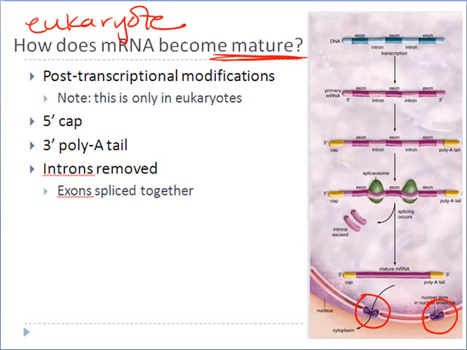The first of these 3 events, and by the way, these are called post-transcriptional modifications because they happen right after transcription finishes. The first thing that happens is on the 5' end of the messenger RNA, we add a little cap of nucleotides. Okay, so here's my little 5' cap I just added on to the immature RNA I had right here.